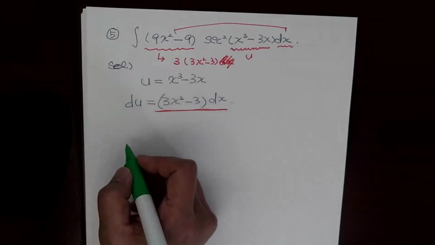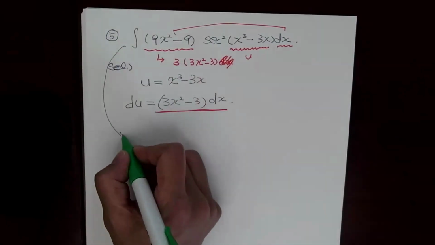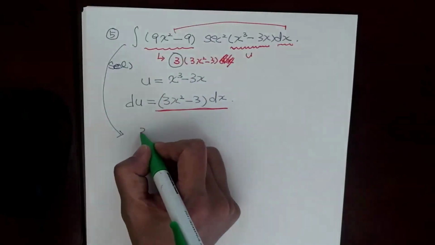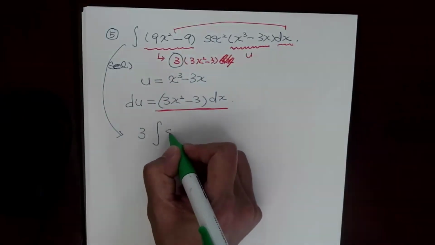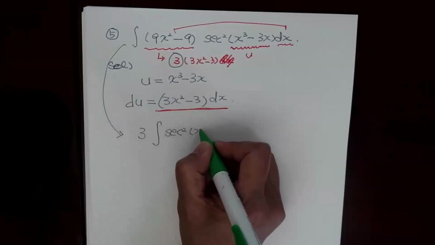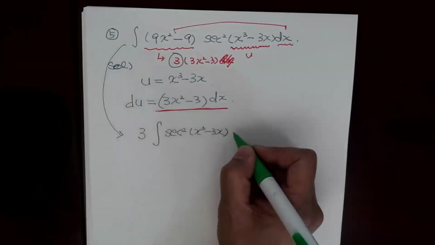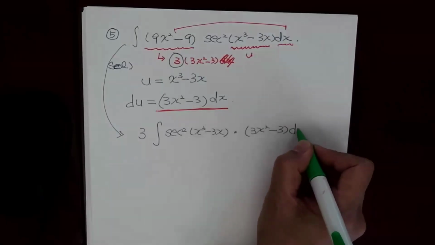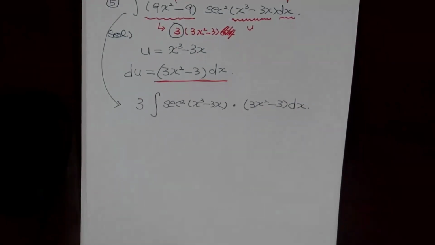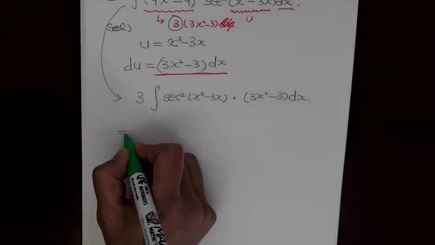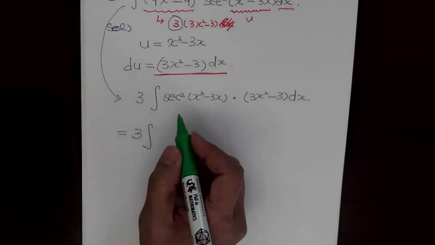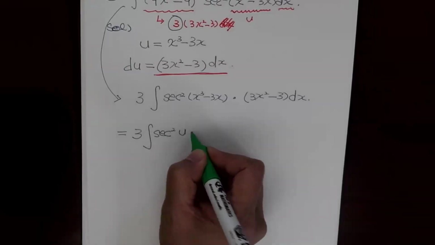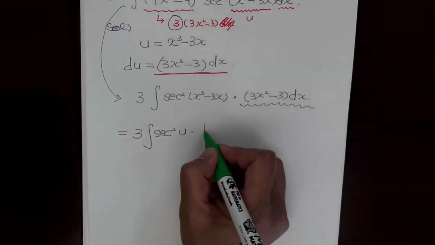So what we want to do is write this integral by writing 3 first, 3 integration secant squared of x cubed minus 3x times 3x squared minus 3 dx. So this is 3 integration secant squared of u times du.